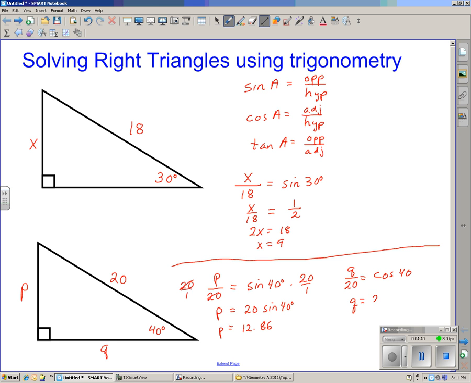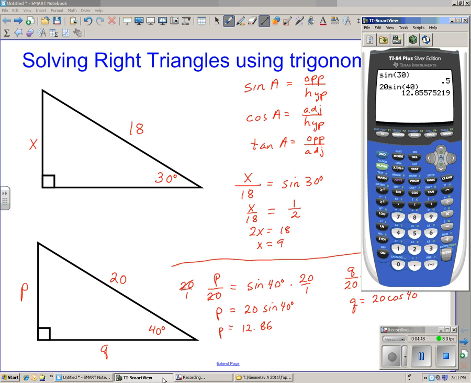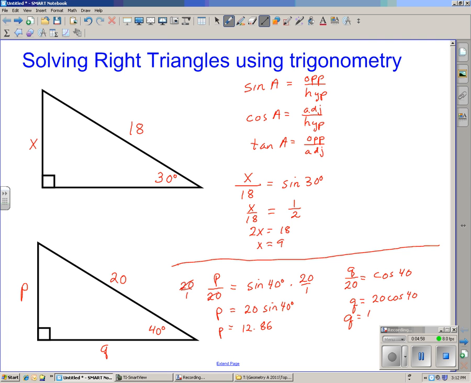Q is equal to 20 cosine 40, and I can do that on my calculator. 20 cosine 40, that's 15.32. Q is equal to 15.32.